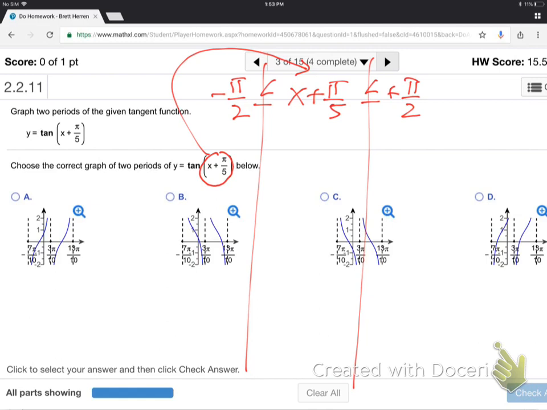So what do you got to do to get X alone? Remember, we always do the opposite of whatever's going on with X. What's going on with X? X is having pi over 5 added to it. So what will I do to get X alone? Subtract the pi over 5, right? And whatever you do to one part, you've got to do to all three to keep the balance. Left, middle, right.